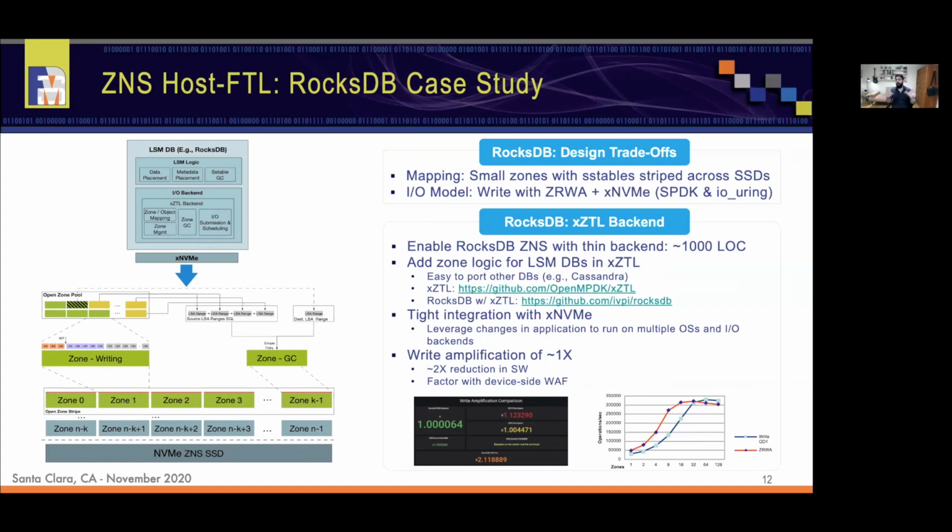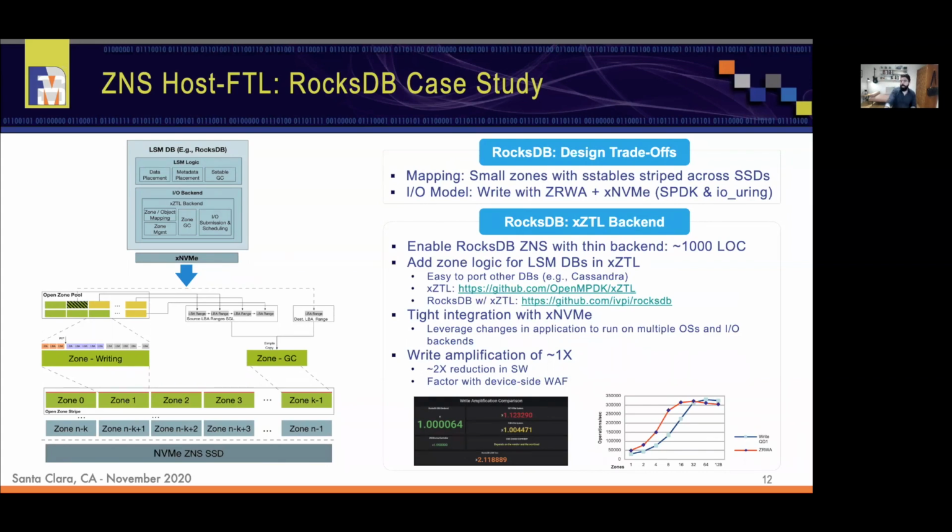We've gone through the different trade-offs on how to design a CNS host-based FTL, from which kind of zone representation you need, large zones or small zones, to the way you need to write to the device, and the last part, how you actually submit the I/O, which I/O backend you use, and how xNVMe can help you. Now we put it all together in this RocksDB case study. We have done our own port of RocksDB based on xNVMe.